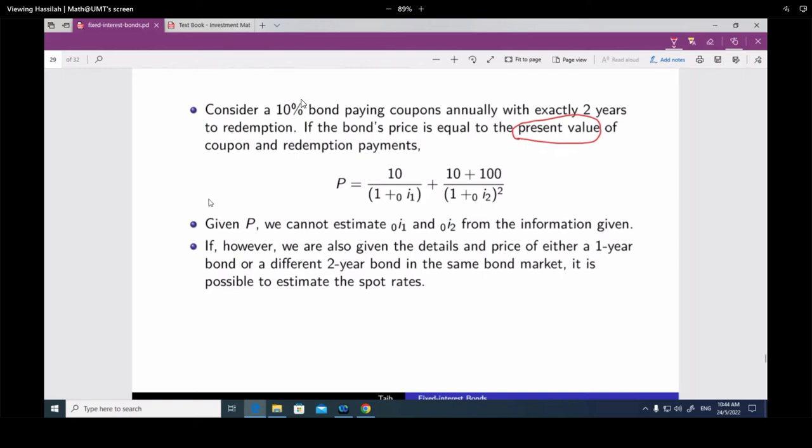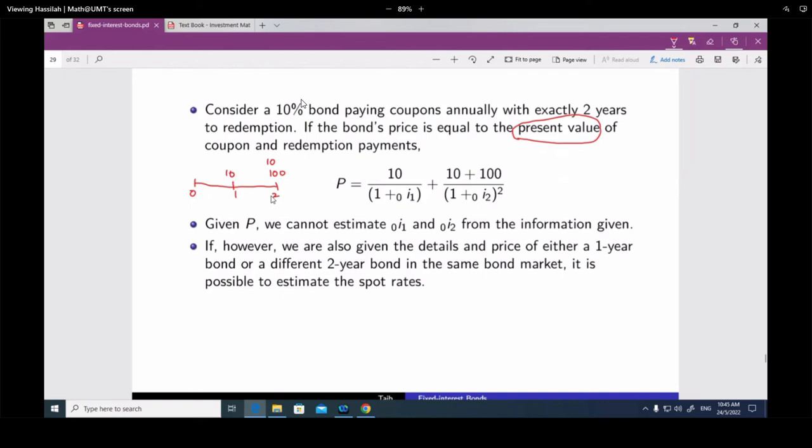So kita ada at least exactly 2 years to redemption, time 0. Okay, tahun 1, tahun 2. So 10% coupon. So dia punya par value ialah 10. Jadi kupon dia membayar RM10 dekat sini dan RM10 dekat sini. 1 dan 2.